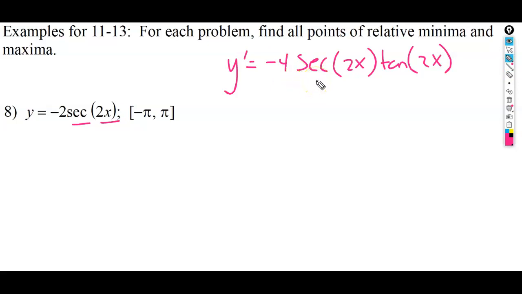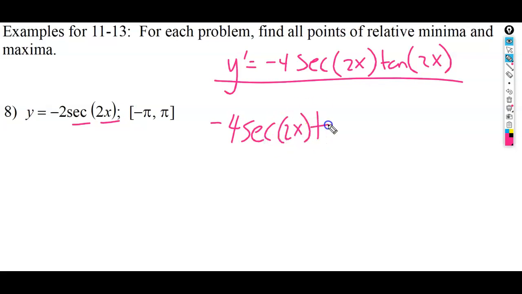So now we want to find where the derivative is undefined and equal to 0. So let's go ahead and do that. Negative 4 secant of 2x, tangent of 2x.